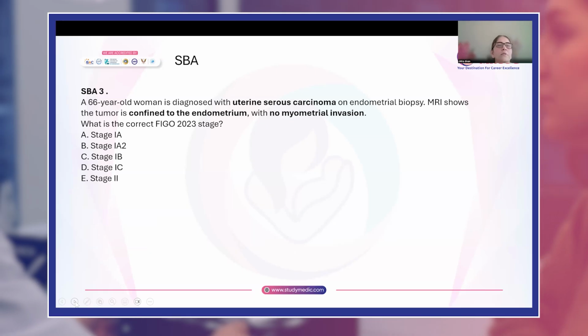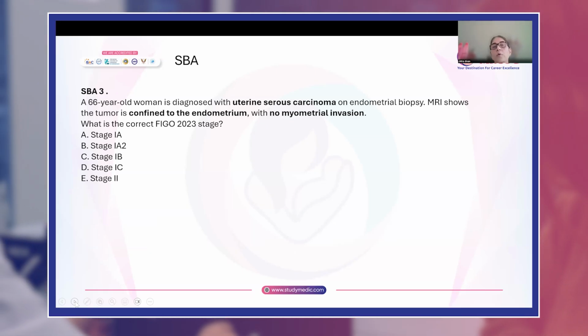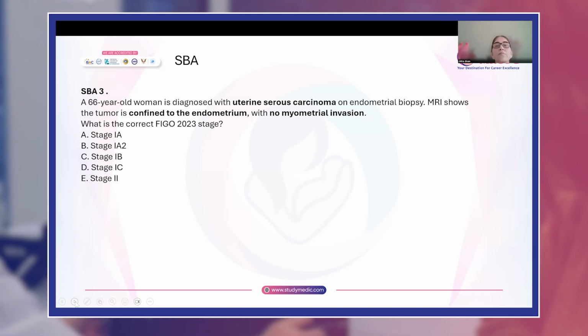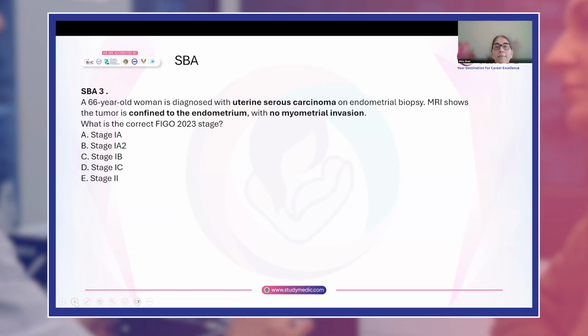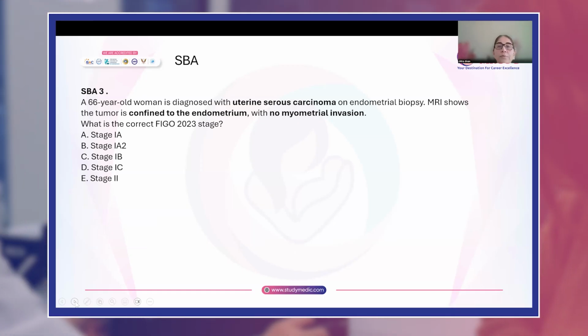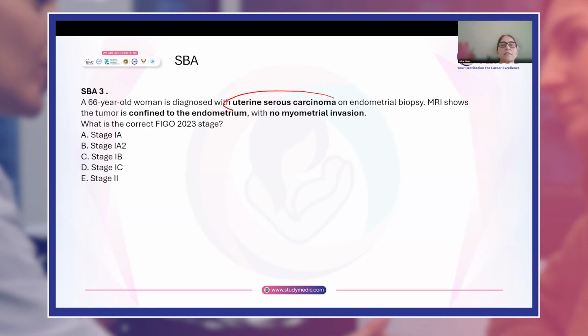Now you have this woman, 66-year-old with a uterine sarcoma on endometrial biopsy, and MRI shows that the tumor is confined to the endometrium. There is no myometrial invasion. So yes, excellent. Only to the endometrium, no spread outside. But remember, what is the histology? It is serous.